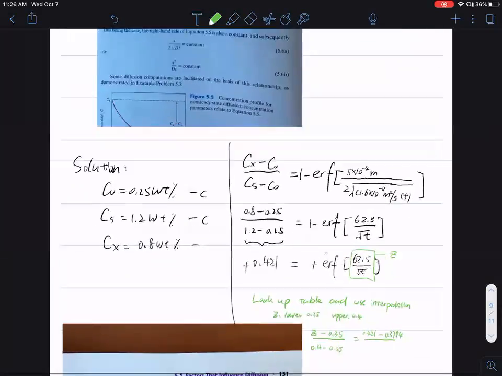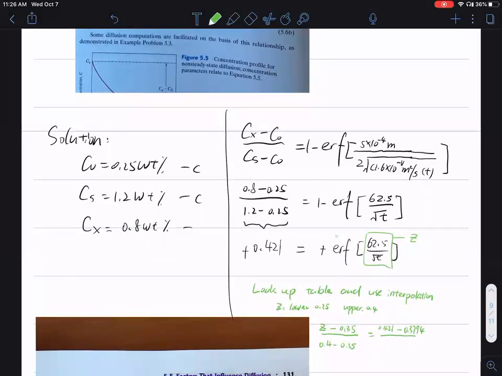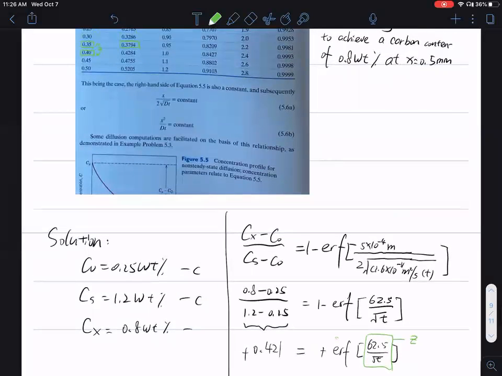On the bottom here, do the same thing. Find the corresponding value for the error function under 0.4 and use that value minus the value of the error function when z equals 0.35. When z equals 0.4, that is this value here, 0.4284.